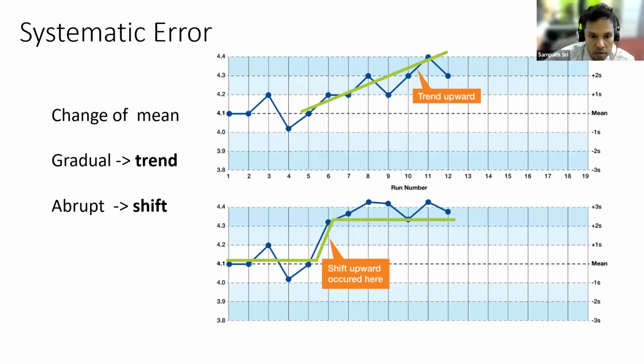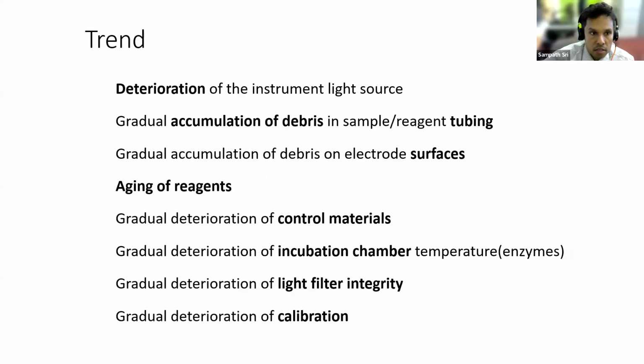If it is a shift, there's an abrupt change in the mean. There are different reasons for a trend or shift. Trends are usually caused by deterioration of the instrument light source, or they may be due to gradual accumulation of debris in the sample tubing or reagent tubings. They can be due to gradual accumulation of debris in the electrodes or surfaces.